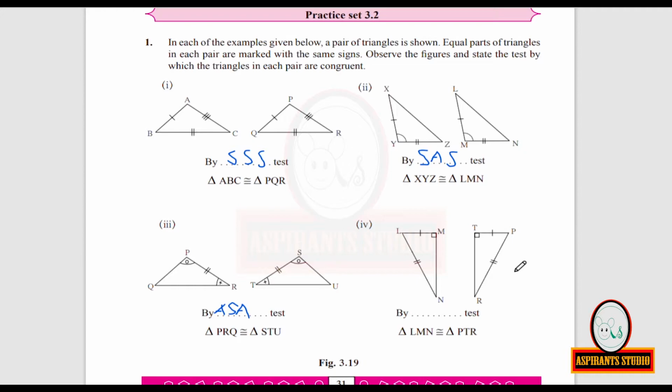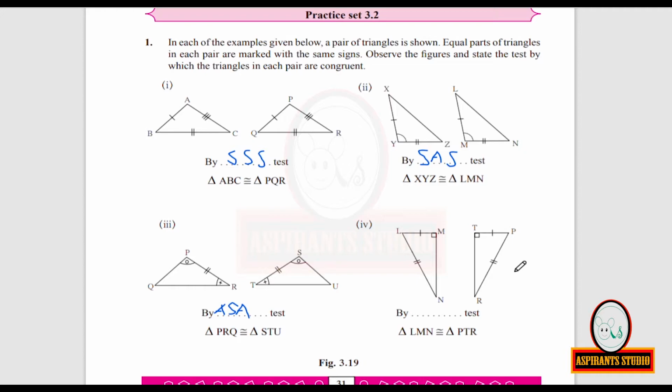So, if the hypotenuse and the side of a right angle triangle are congruent with the hypotenuse and the corresponding side of the other right angle triangle, then the two triangles are congruent with each other by hypotenuse side test.